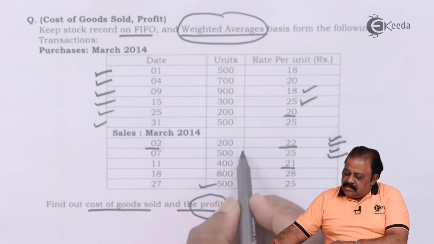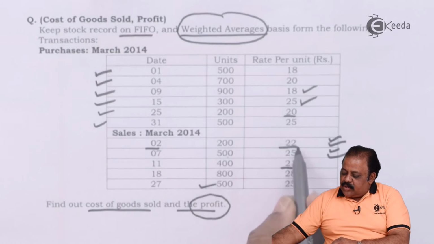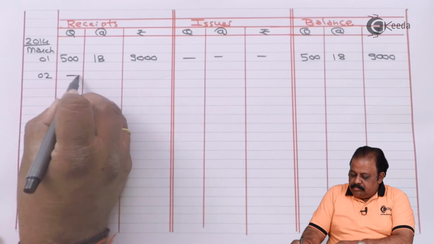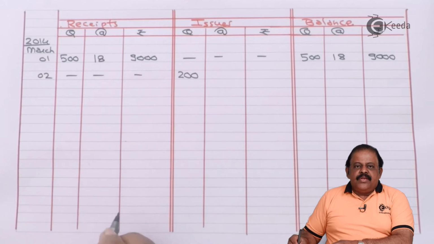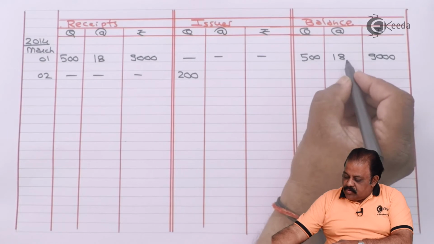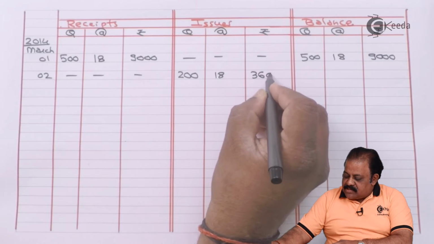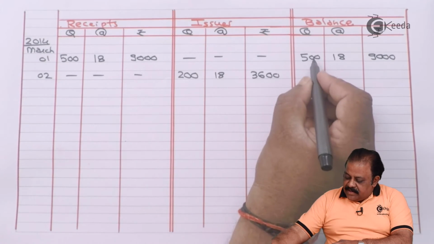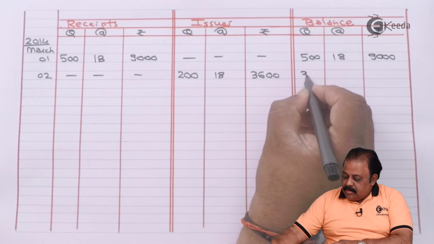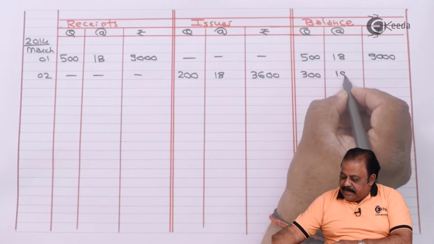On 2nd March there is a sale of 200 units at the rate of 22. Issues will be recorded at cost, so we will take 18 rupees, 3,600. Out of 500, 200 units are issued. Balance 300 units at the rate of 18, 5,400.